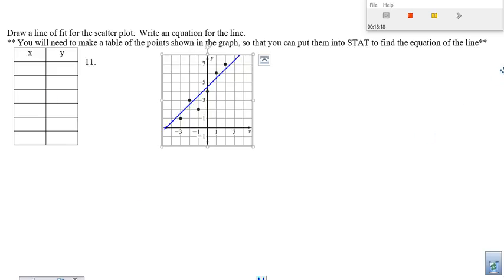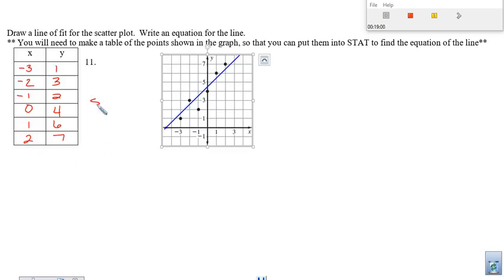I'm going to fill in my table with my point coordinates, which are going to be -3, 1; -2, 3; -1, 2; we have a 0, 4; then we have a 1, 6, it looks like; and then at 2, up to 7.